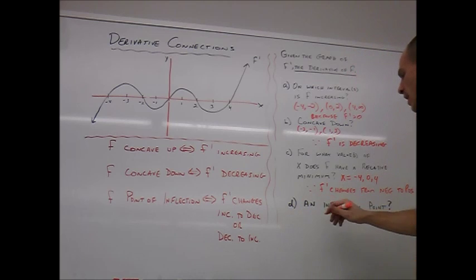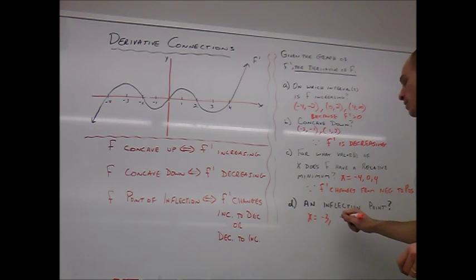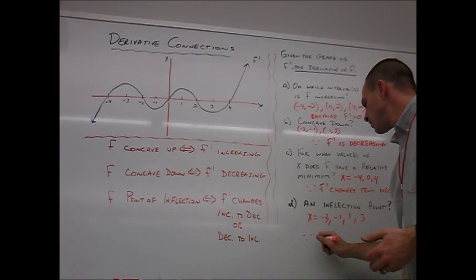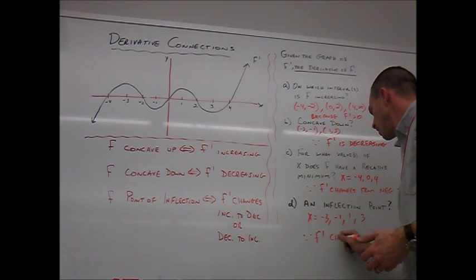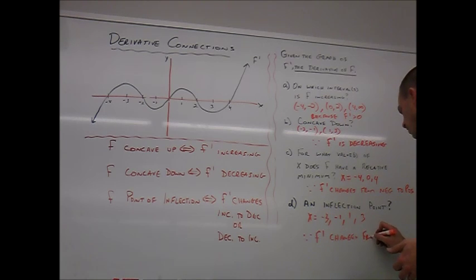So we said x equals -3, and then -1, and then 1, and then 3. Those 4 values of x are where the function will have an inflection point. And the function will have an inflection point because f prime changes from increasing to decreasing or decreasing to increasing.